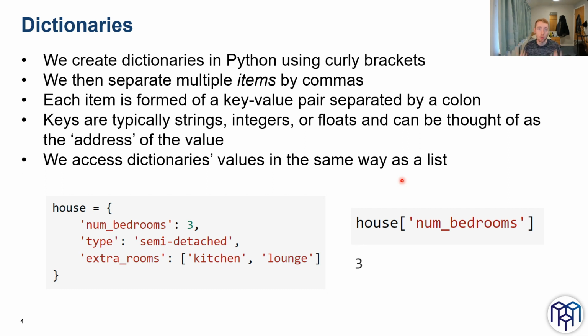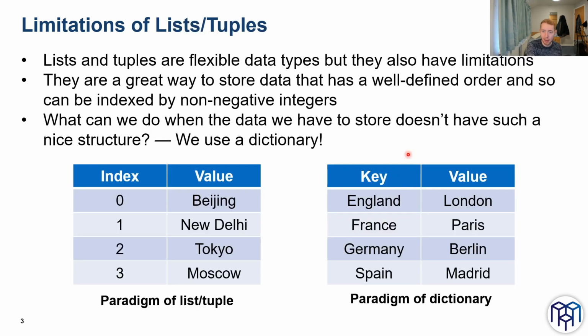So we saw square brackets for a list, parentheses for a tuple, and finally curly brackets for a dictionary. Then we separate multiple items in this dictionary using commas. An item is a special term for referring to the elements of a dictionary, and those consist of key value pairs. So we can see back here that a dictionary is made up of keys that map to a certain value.